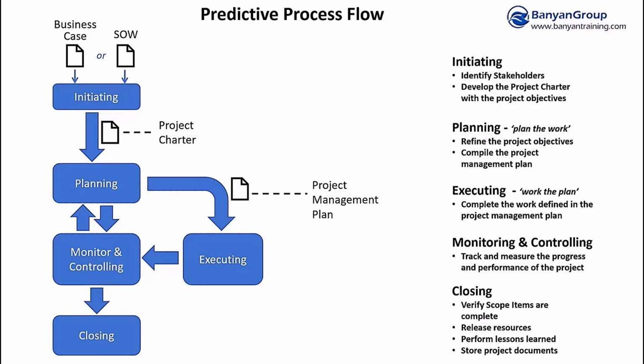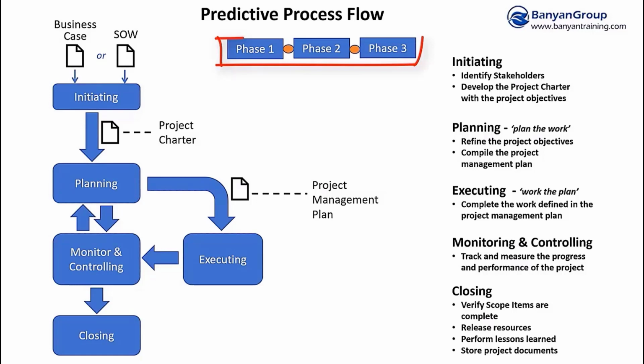Now, keep in mind that these 5 process groups are performed in every phase. If you have phases in your project, you usually have a larger project, probably there's more money involved, and so to establish and maintain more control over that project, you'll break the project up into phases. At the end of each phase, you'll have one or more significant deliverables, and in between those phases, you'll have what we call phase gates or end gates.